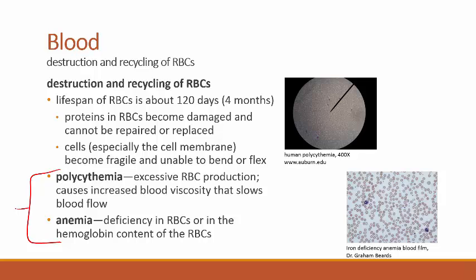The heme then can be further broken down so that we can recycle the iron, and then we produce a greenish pigment that's referred to as biliverdin. The biliverdin then is converted into bilirubin, and we get rid of both biliverdin and bilirubin as bile pigments or in the feces.